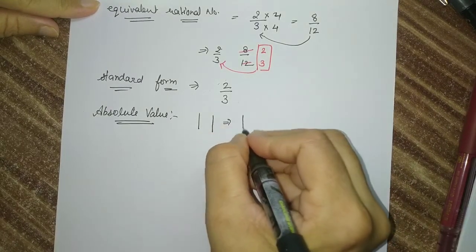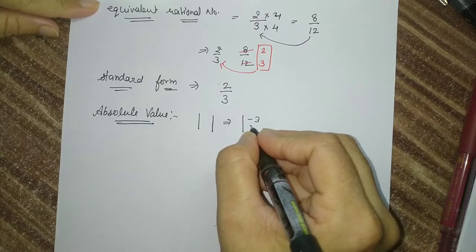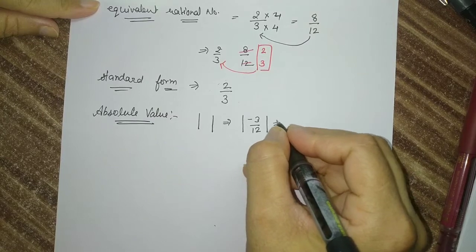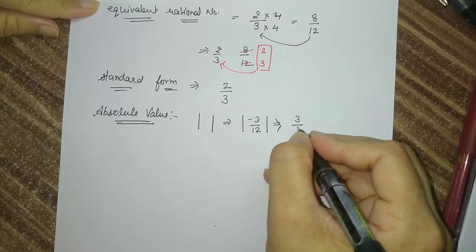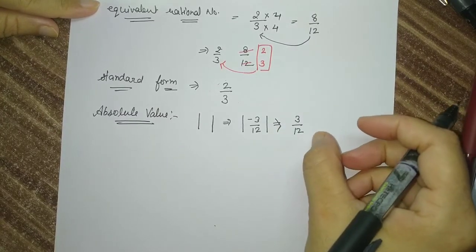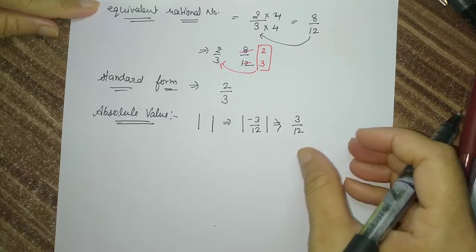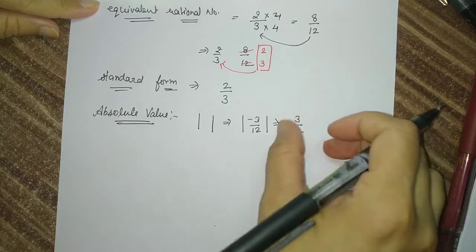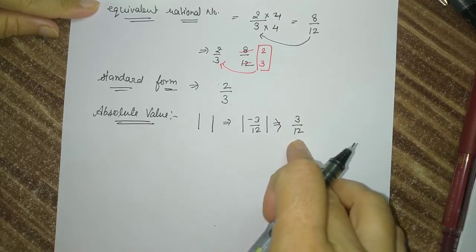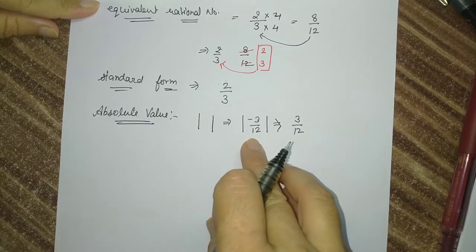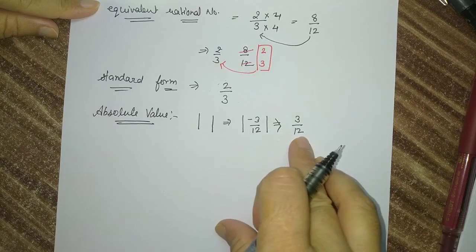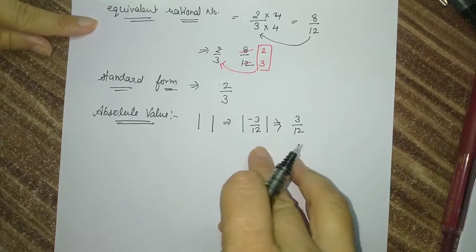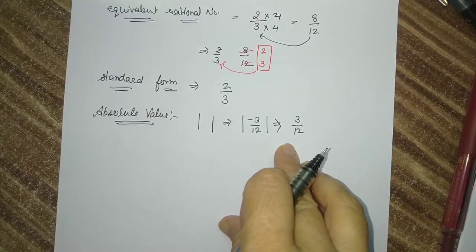So if I have minus 3 by 12 and want to find its absolute value, it becomes 3 by 12 only, and this 3 by 12 is neither positive nor negative. It is said to be in neutral form. There is no sign on this number, because absolute value takes away the sign of the number and the number becomes without sign. So this is the absolute value of a rational number.